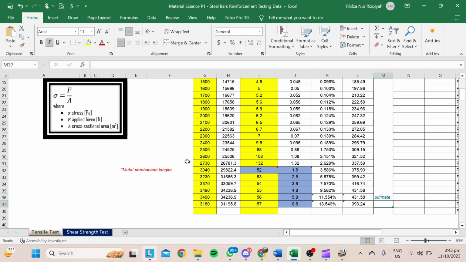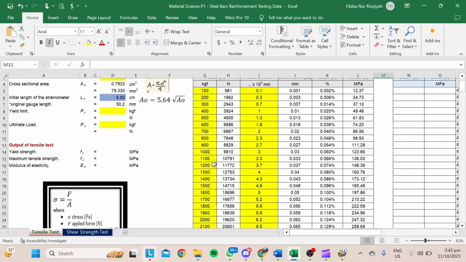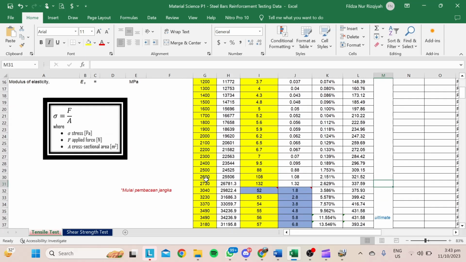Jadi beban leleh ini bisa dilihat di data beban atau load, di mana nominal load ini sudah tidak dikali 100, sudah tidak berkelipatan 100. Okay? So this is my yield limit on my data.